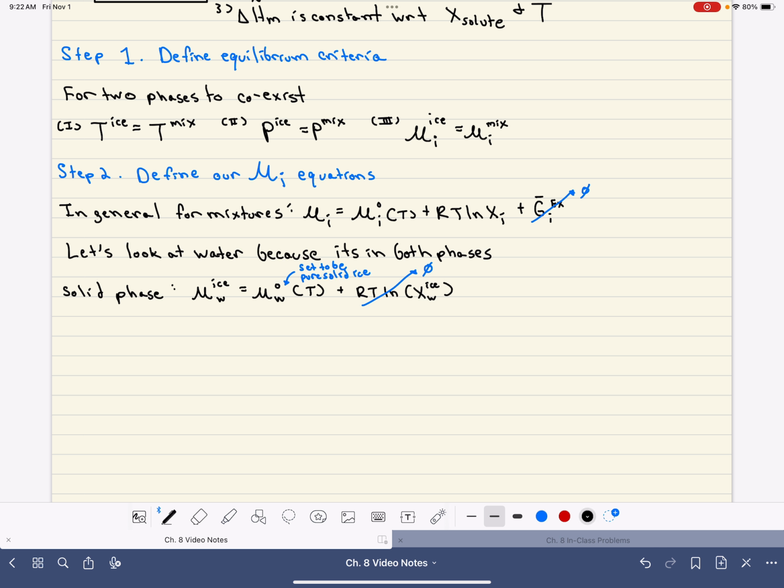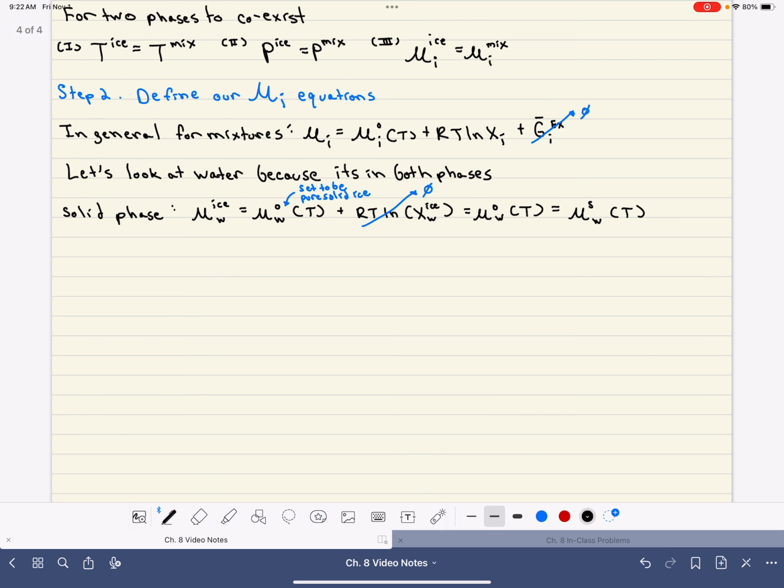All right, such that, after this term cancels out, what we have left here is the standard state chemical potential. But then we could rewrite it as just describing the chemical potential of pure water in the solid phase. Okay? And you'll see why that's important in a bit. Okay? All right, so that's the solid phase chemical potential.